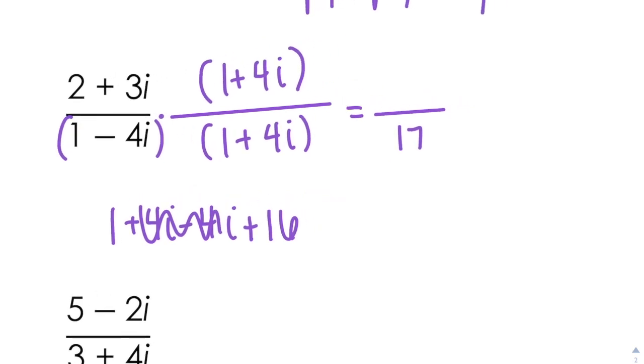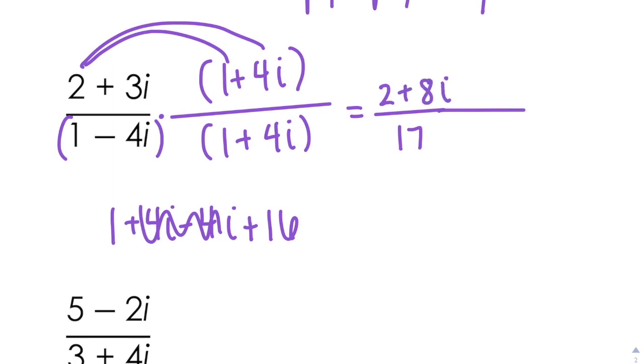But now I have to do the numerator. So 1 times 2 is 2. 2 times 4i is 8i. 3i times 1 is 3i. And 3i times 4i, well, 3 times 4 is 12. Positive. i times i is i squared.